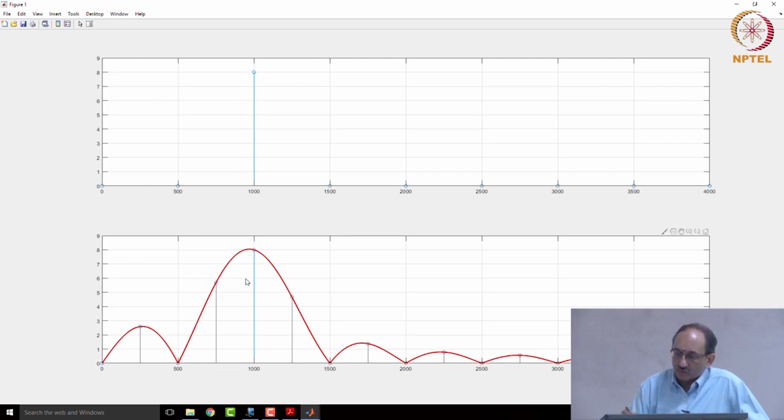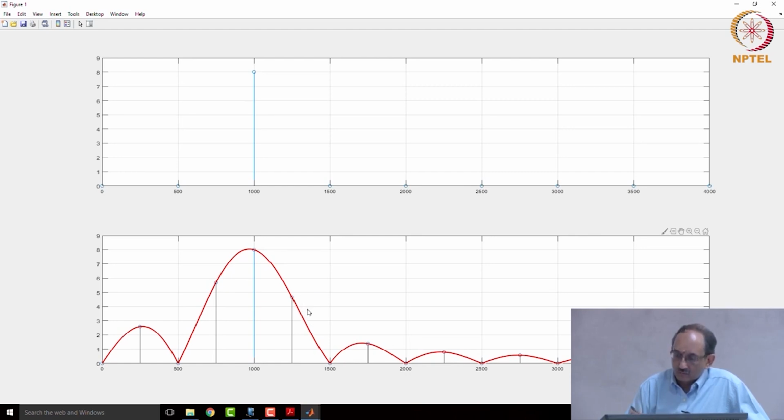Therefore, the way to look for sinusoids in a signal is to compute the DFT and look for peaks. And suppose you had another sinusoid that is say at 2 kilohertz but much smaller in amplitude, then this smaller amplitude sinusoid that is farther away will get affected by the side lobe of the stronger nearby sinusoid.